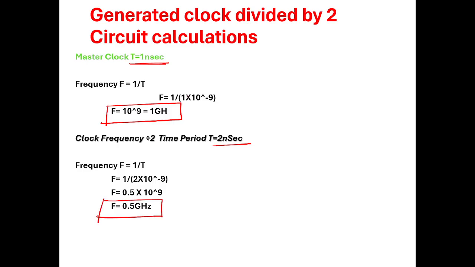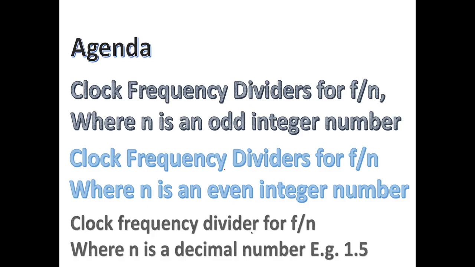So from 1 gigahertz, the frequency becomes 1 by 2 gigahertz, that is F equal to 0.5 gigahertz. The frequency is divided by 2. This is generating your clock.